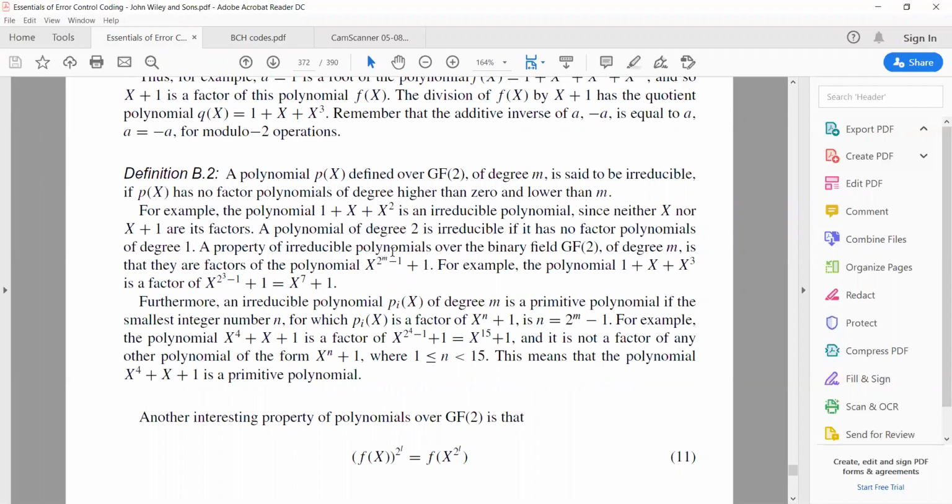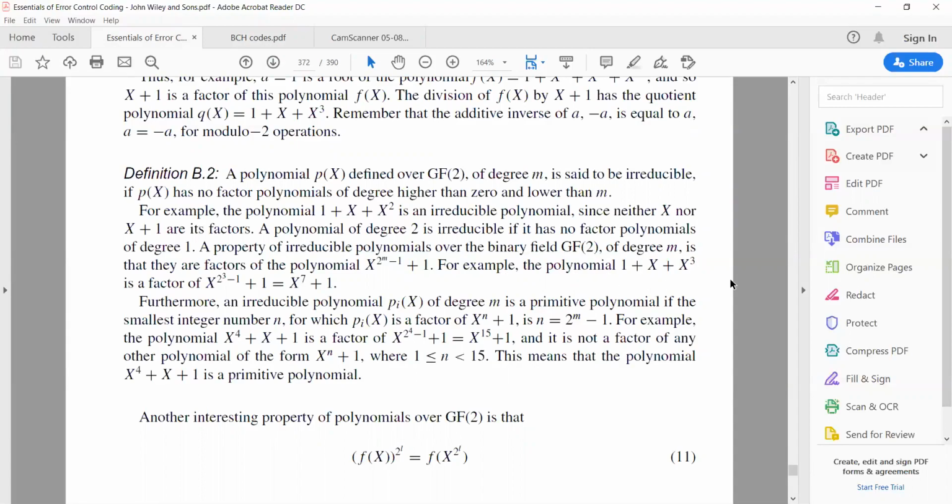A property of the irreducible polynomials over the binary field GF2 of degree m is that they are the factors of polynomials x to the power 2 to the power m minus 1 plus 1. Here we have considered the generator polynomial as 1 plus x cubed, so the highest degree is 3. So this is the factor.